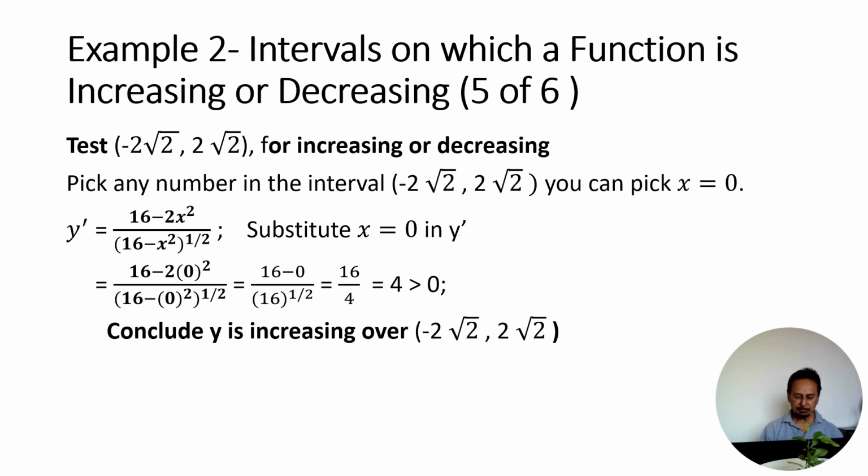So this becomes 60 minus 2 times 0 squared over 60 minus 0 squared to the 1/2. So we simplify, the top number becomes 60, and you have 60 to the 1/2. That is positive, bigger than 0. So we can say y is increasing over this interval negative 2 square root of 2 comma 2 square root of 2.